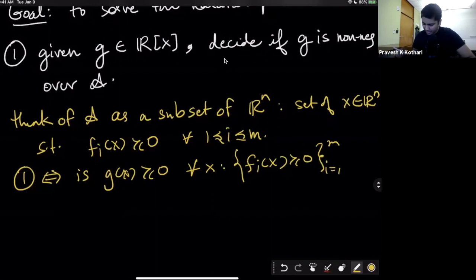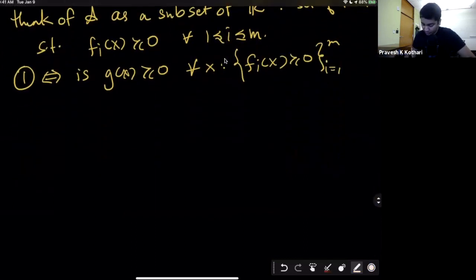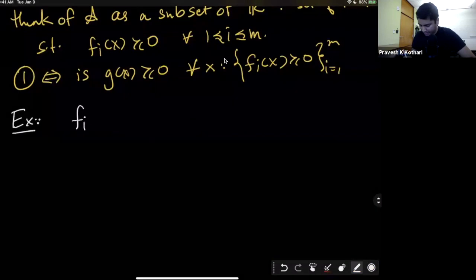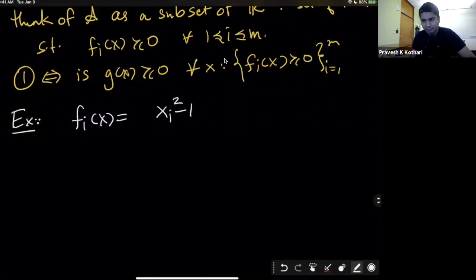And hopefully, all of you realize that this is actually a generalization of the kind of problems we've looked at so far in the class, right? Why is that? So let's maybe think of it as an example. Here's an example. Let fi be the polynomial xi squared minus 1.